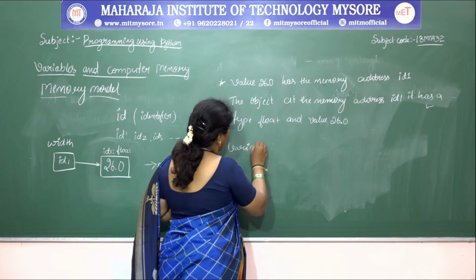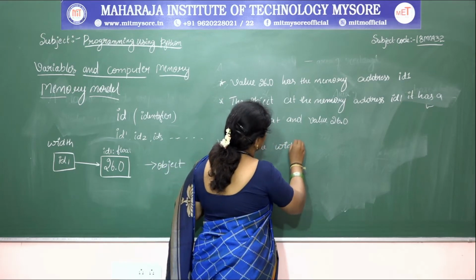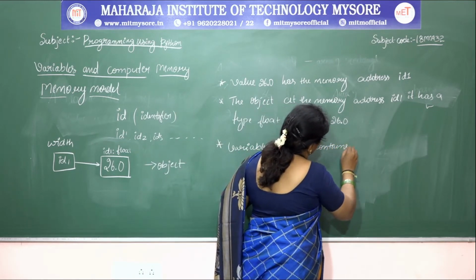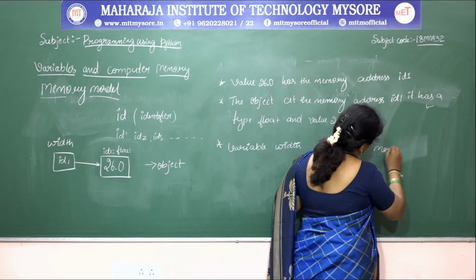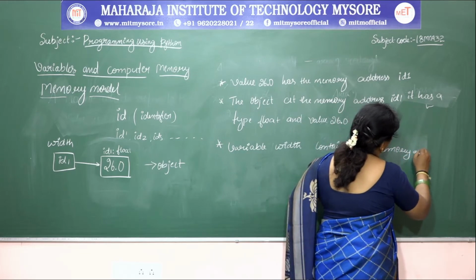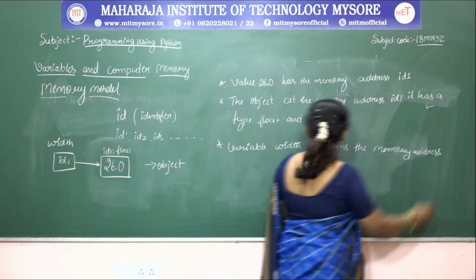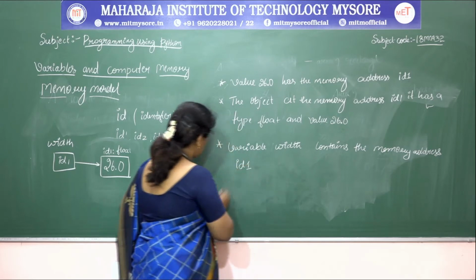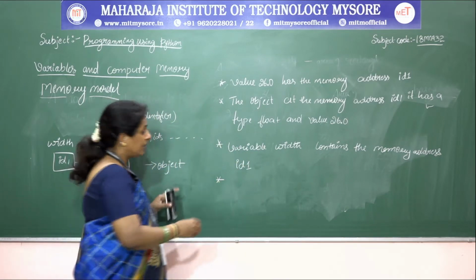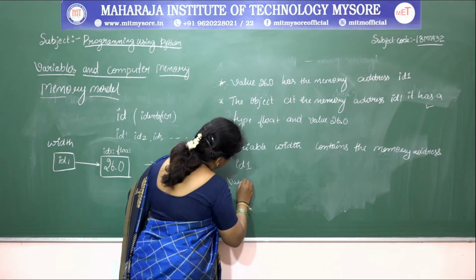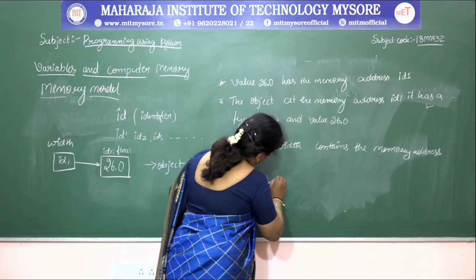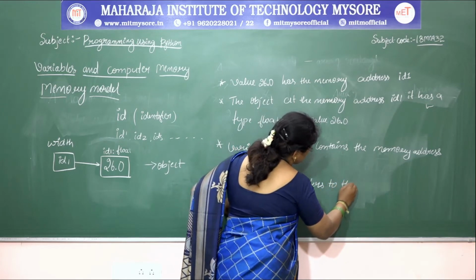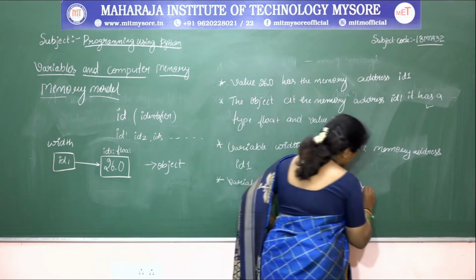Variable width contains the memory address IDE 1, and the last thing is that variable width refers to the value 26.